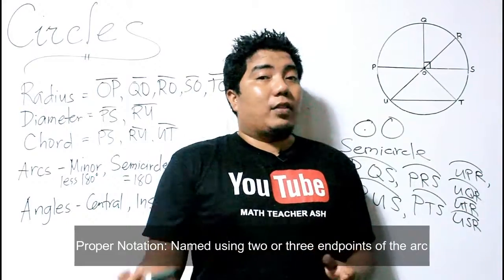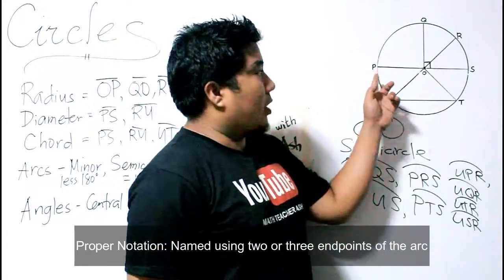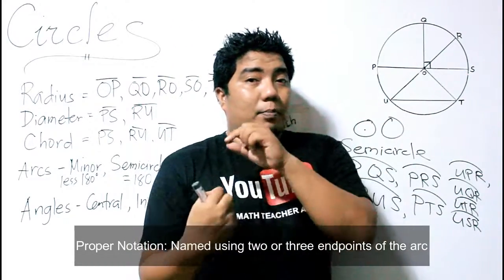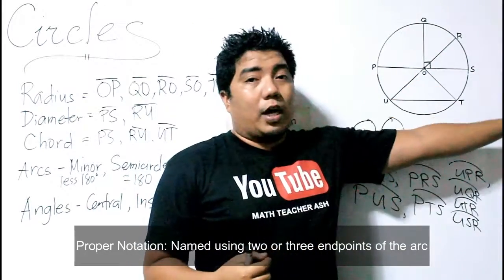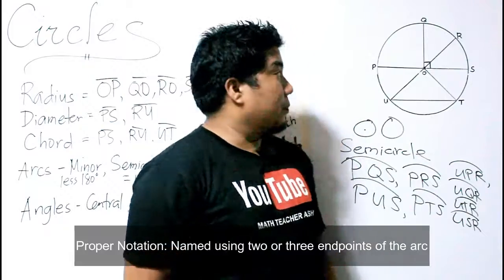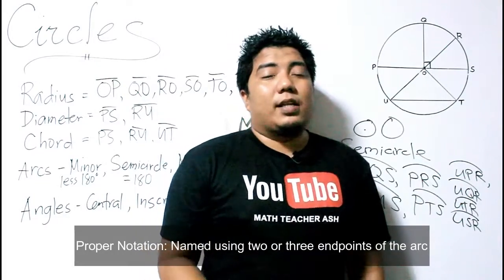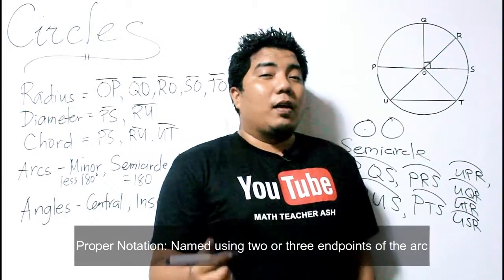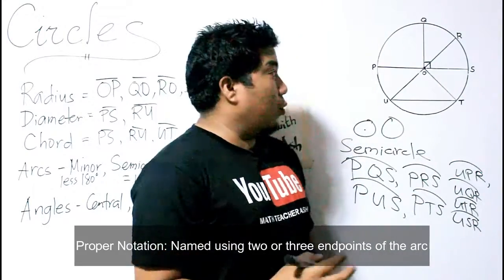So basically, in naming the semicircle, there are two ways. You can use three letters, such that the first letter will start from that position going to the other side, which results in a 180-degree measure. Basically, some books say that you can name a semicircle with just two letters or two points.